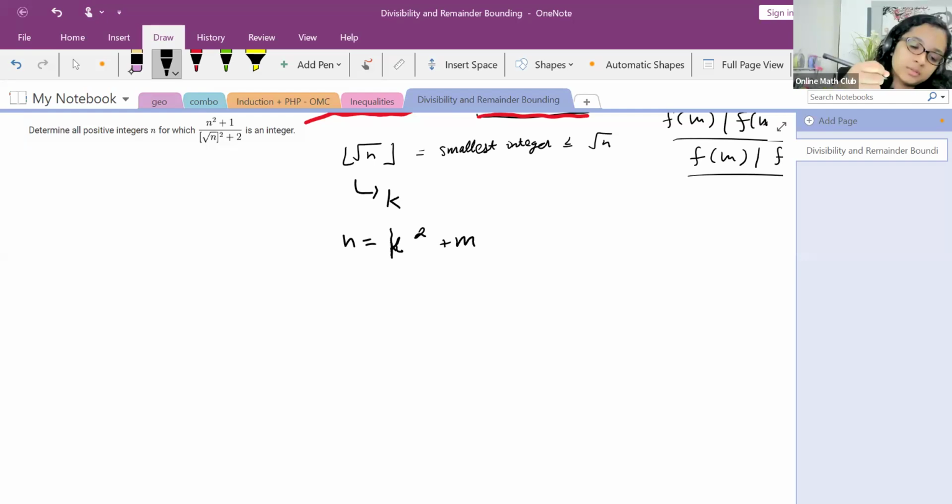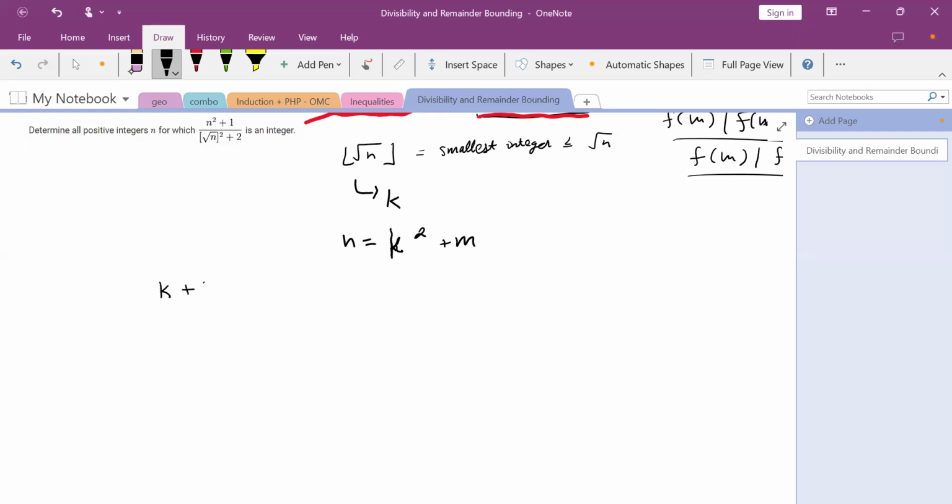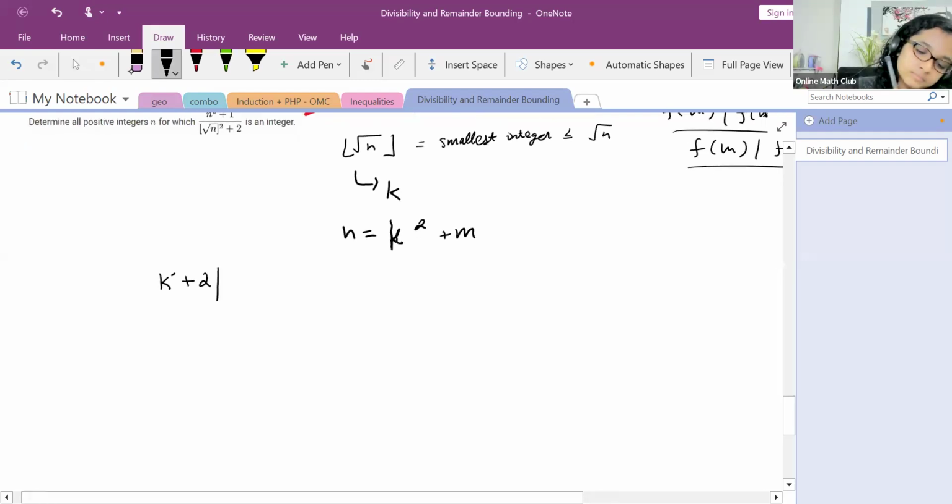Okay, wait. What are you putting in? K square, one side. Yeah, k square plus 2 divides m square minus 4m plus 5.